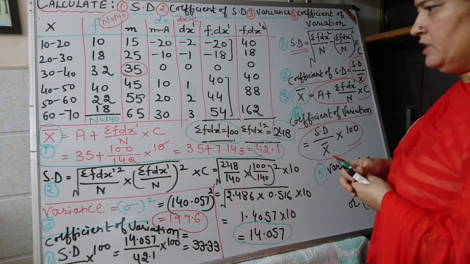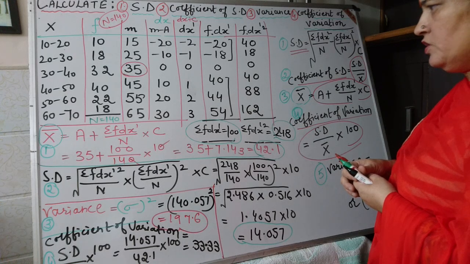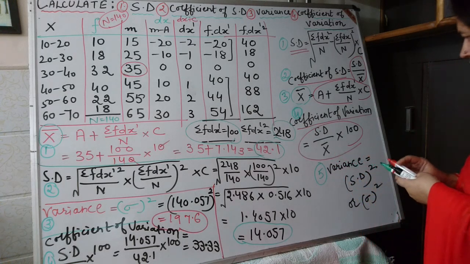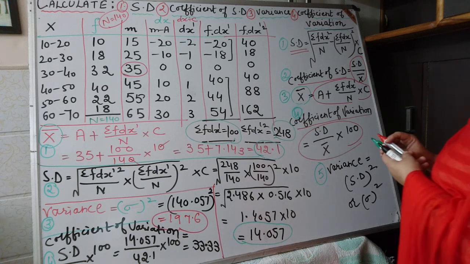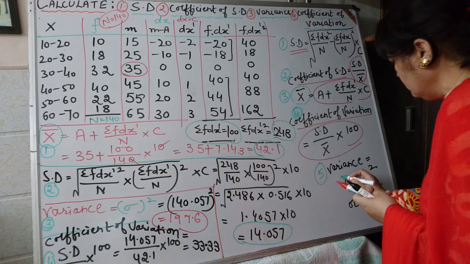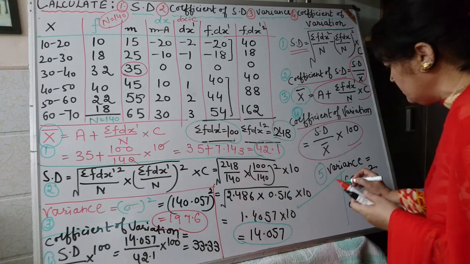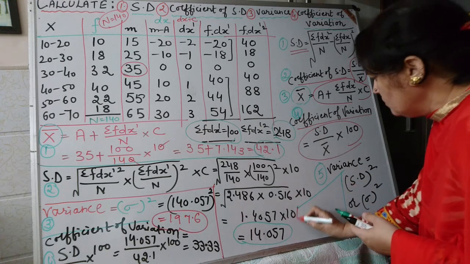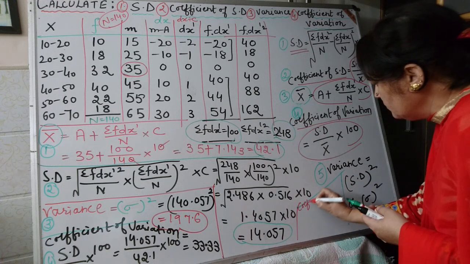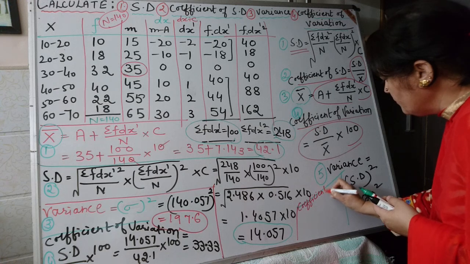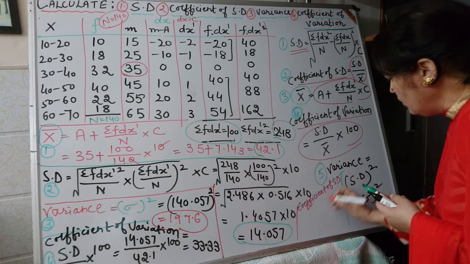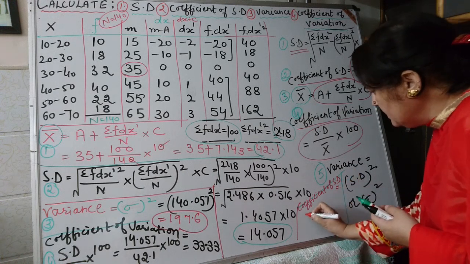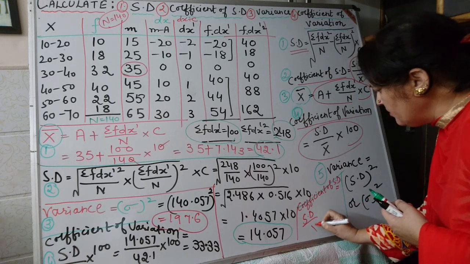We have to calculate the coefficient of standard deviation. The formula is standard deviation divided by arithmetic mean.